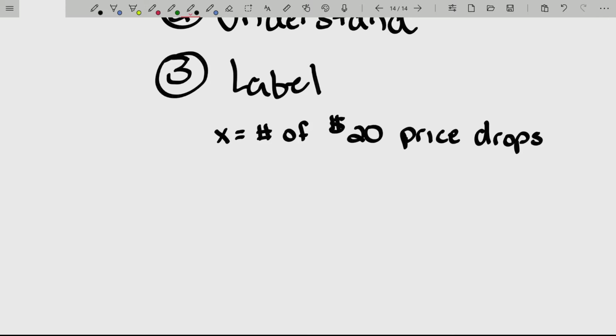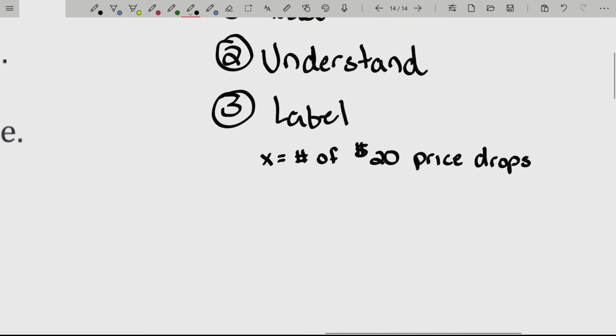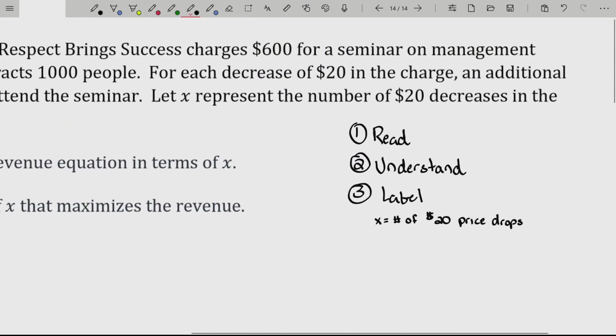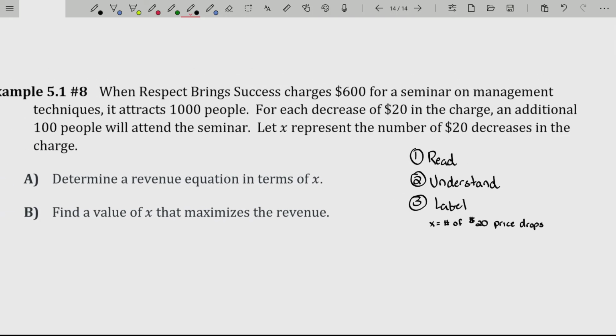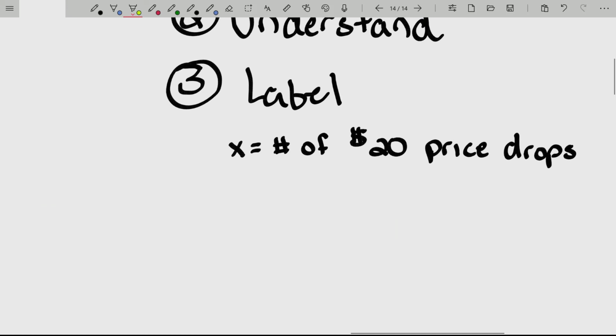If X was 5, then we're dropping the price by 5 sets of $20. That should make sense. And the other thing we need here is we want to mention what we want to optimize. And that comes in part B, but I'm just going to write it anyway. Find a value that maximizes the revenue. So I'm going to list that over here. I'll just say maximize revenue.